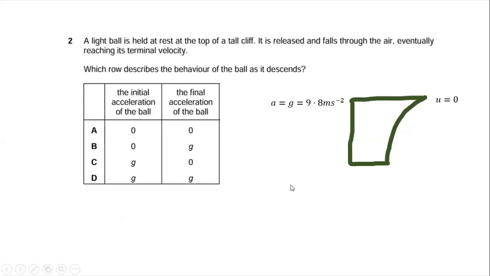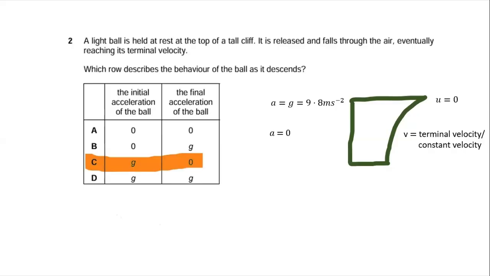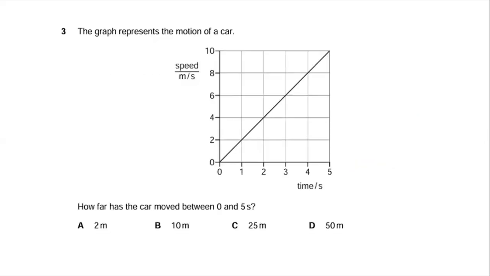When it reaches the terminal velocity, that means constant velocity, the acceleration is equal to 0. So the initial acceleration of the ball is g, the final acceleration is 0. The answer is C.